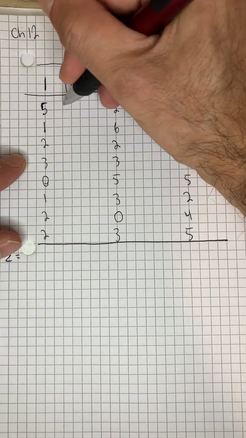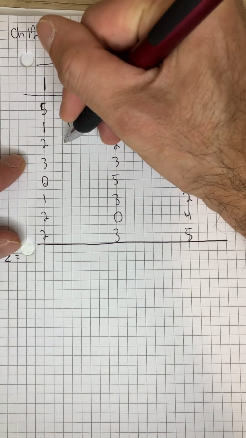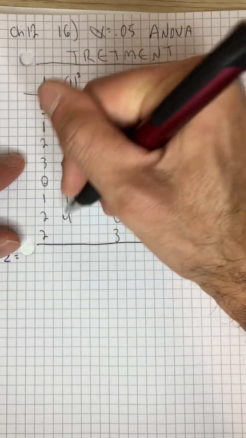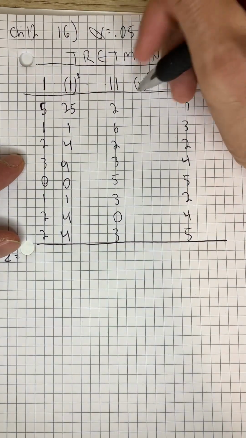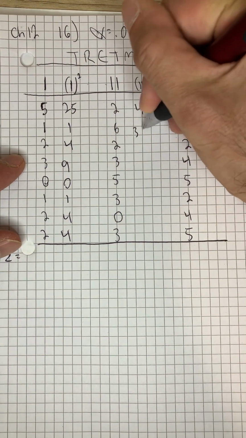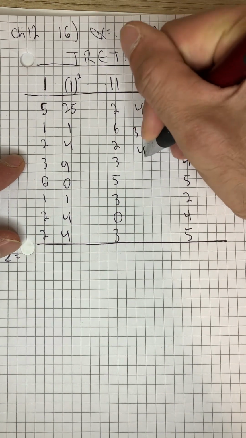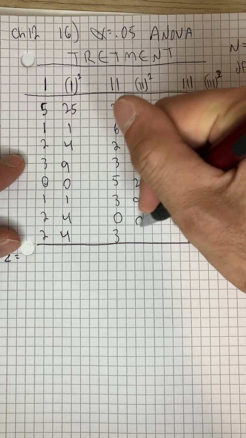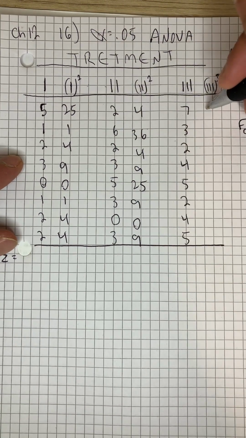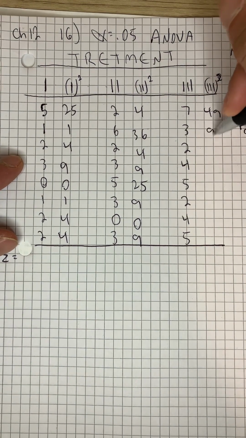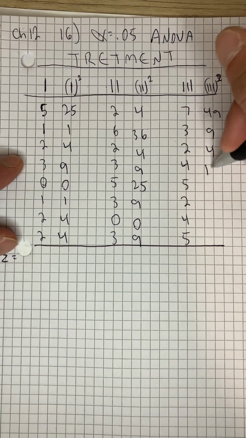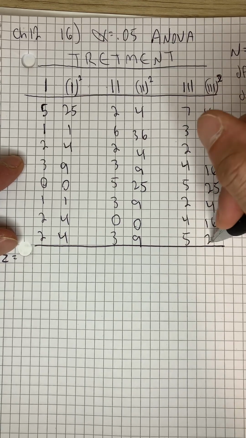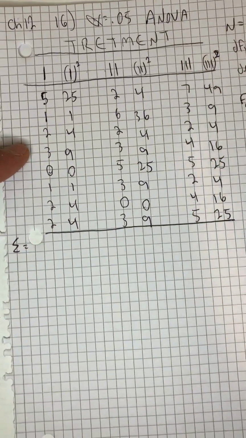So this would be 25, 1, 4, 9, 0, 1, 4, 4. And this is 4, 36, 4, 9, 25, 9, 0, 9. And 49, 9, 4, 16, 25, 4, 16, 25.